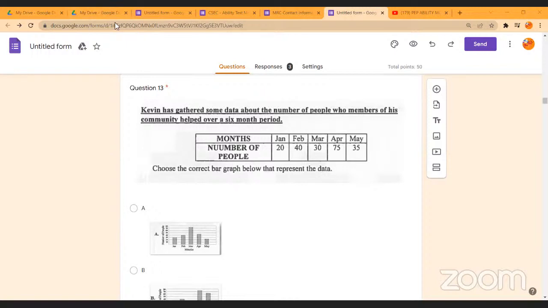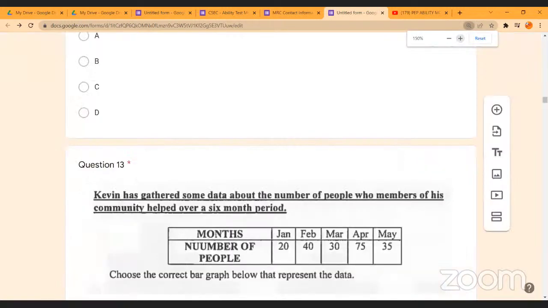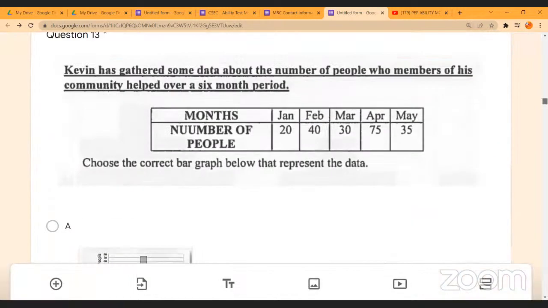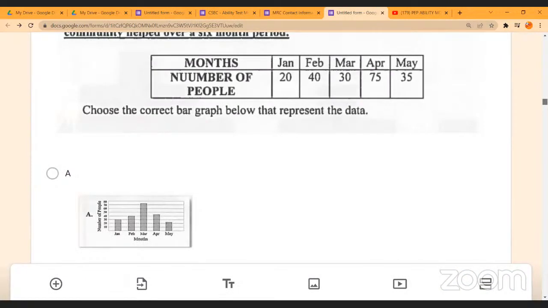Choose the correct bar chart. All right, I love how you start off here, Cameron. Let me zoom in a bit on this so you can see the bar charts better. Cameron looked at A and said it can't be A. Why is it not A, Cameron?